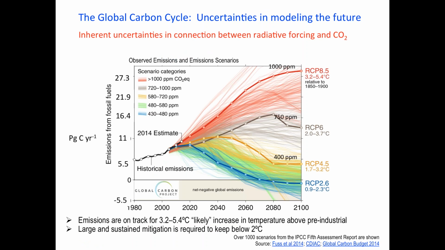The way I like to look at these is how well we can behave into the future by trying to constrain the atmospheric CO2 levels. RCP stands for Representative Concentration Pathways. RCP 8.5 is a pathway where we'll have a radiative forcing of 8.5 watts per meter squared per year.